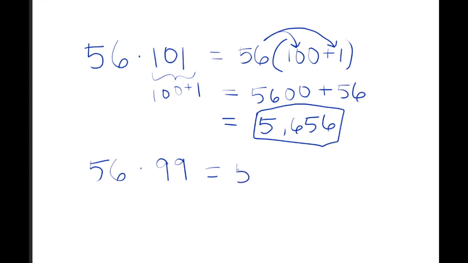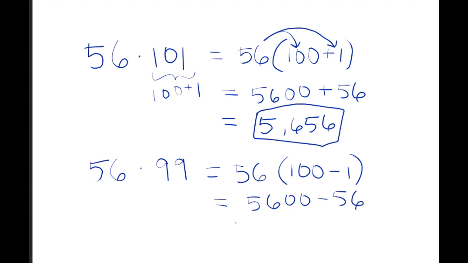So I'd have 56 times 100 minus 1. And we're going to have the same numbers as before, except I'm just going to have 5,600 minus 56, and my answer will be 5,544.